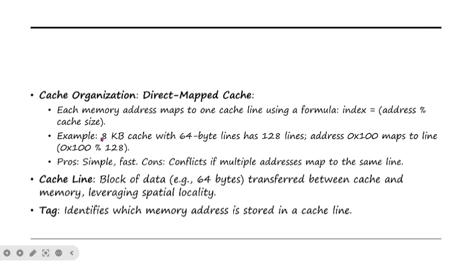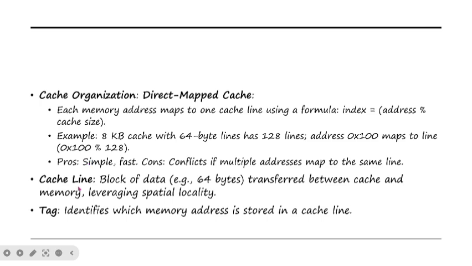In a direct mapped cache, each memory address maps to exactly one cache line. There's no flexibility. This is determined by a simple mathematical formula: index equals address % cache size.